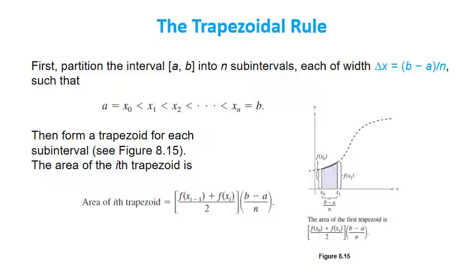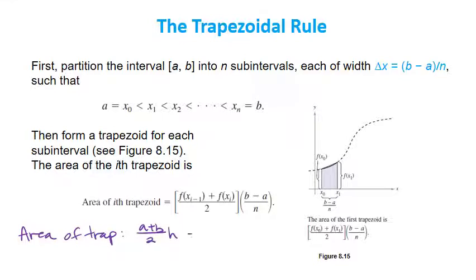I want to remind you how to find the area of a trapezoid. The area of a trapezoid is found by taking a plus b divided by 2 times the height.